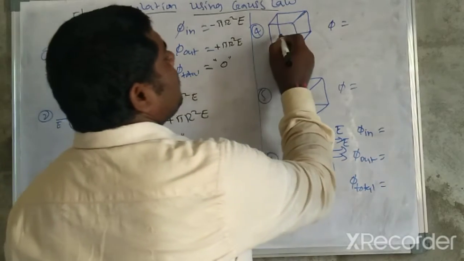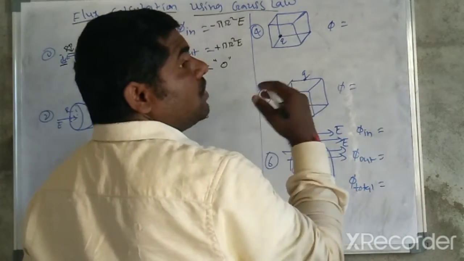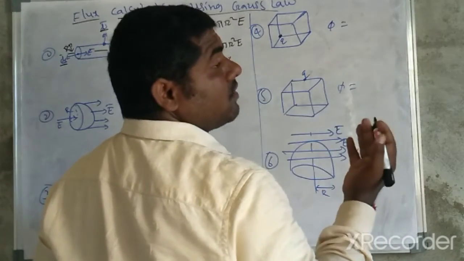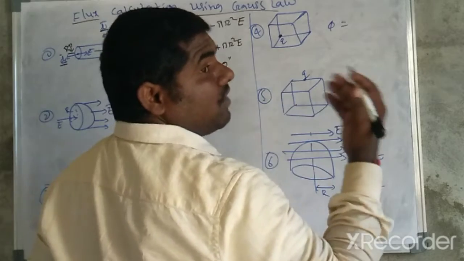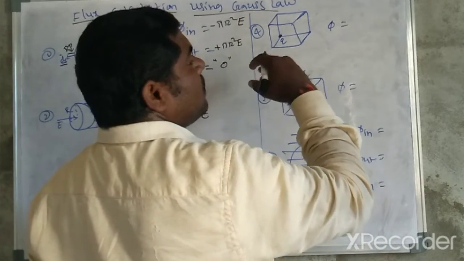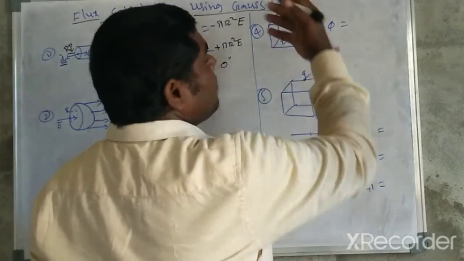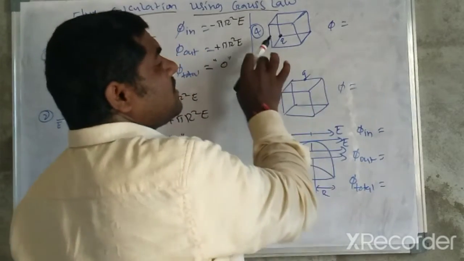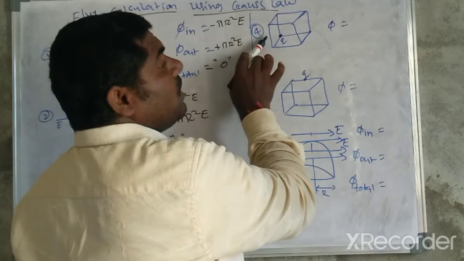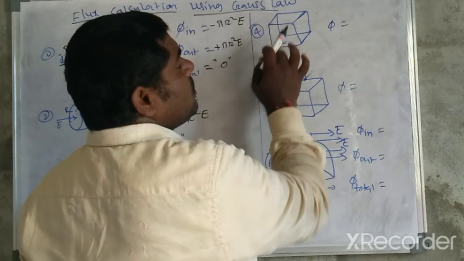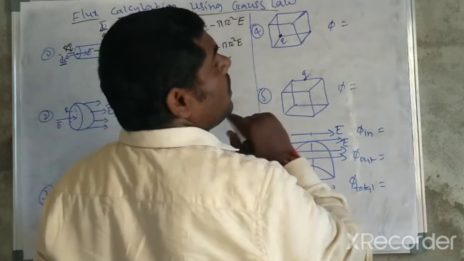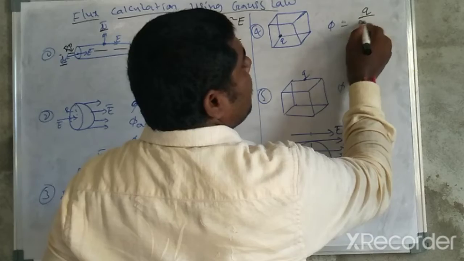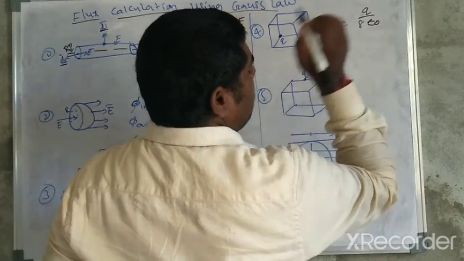That's why this charge contributes to the other seven cubes, and the electric flux is also shared with the remaining 7 cubes. The remaining 7 plus this one makes a total of 8 cubes. That's why the enclosed charge gives flux q by 8 epsilon naught.